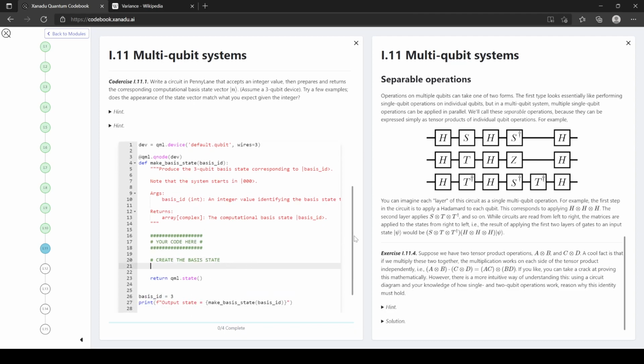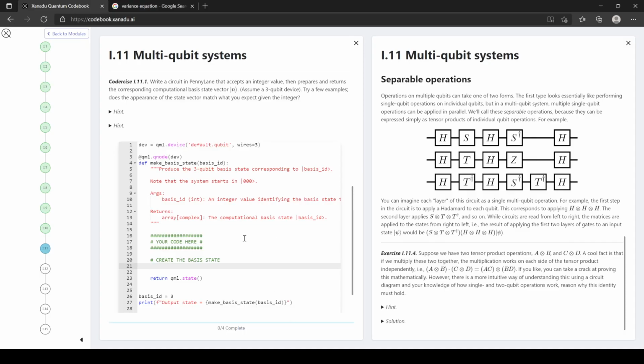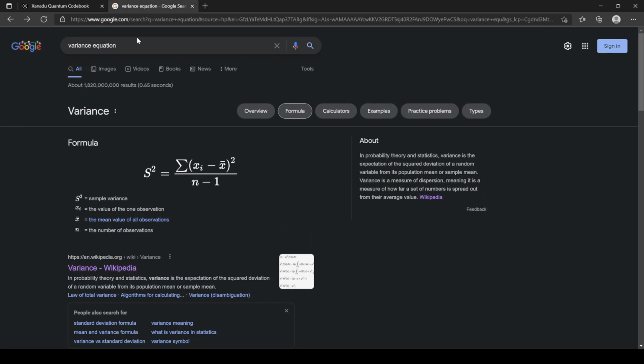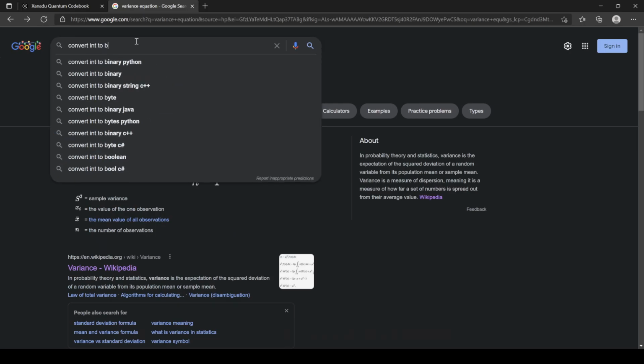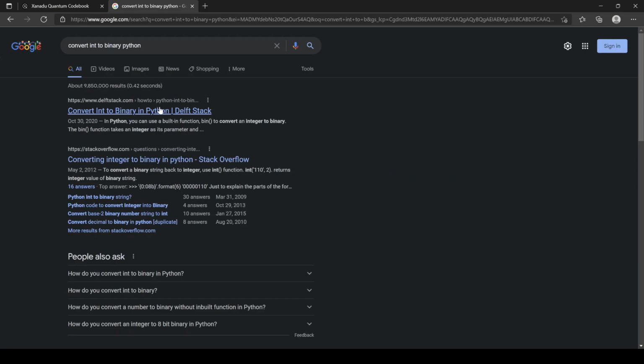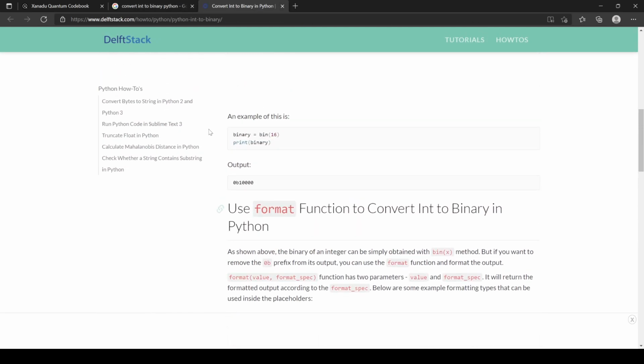We want to convert this to a binary number. I don't remember this function. Let me see, convert int to binary. Let's find out what the best way to do this is. I do this all the time, but I forget.